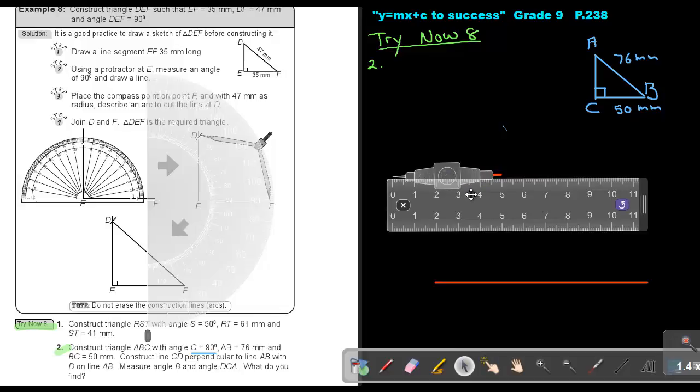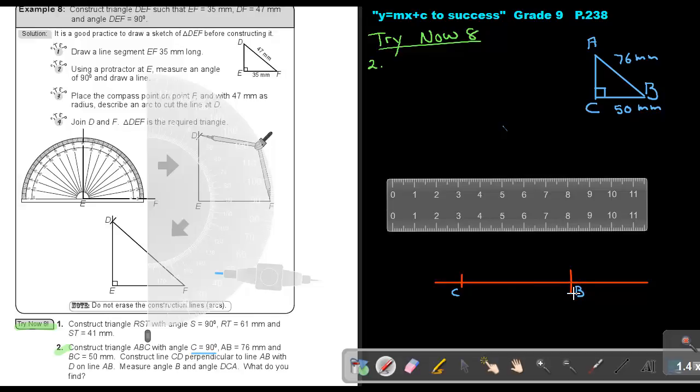Now come back to any place on the line, cut, and then turn it around and cut again. Remember, this is C and this one will be B.